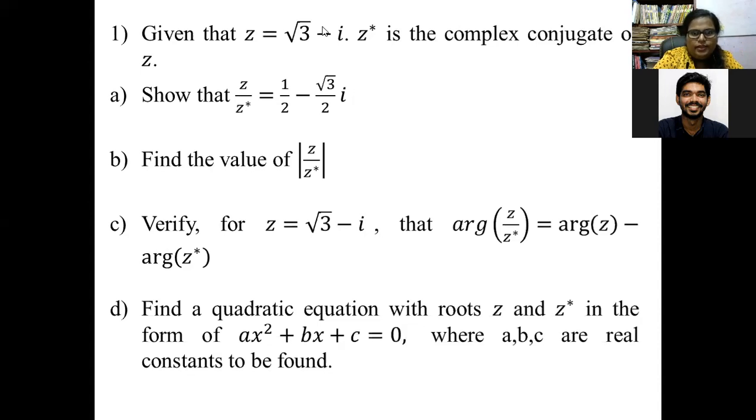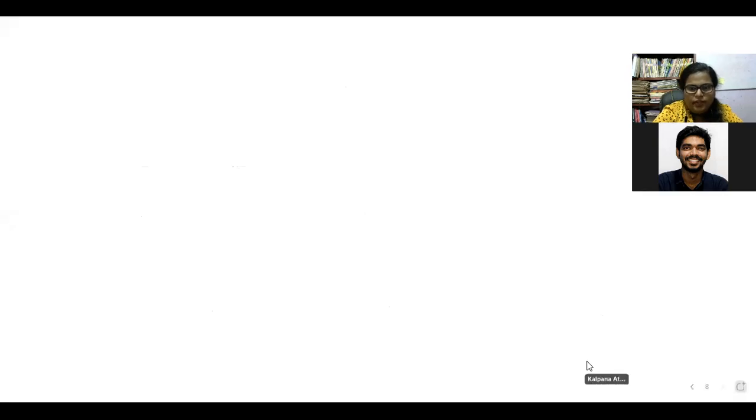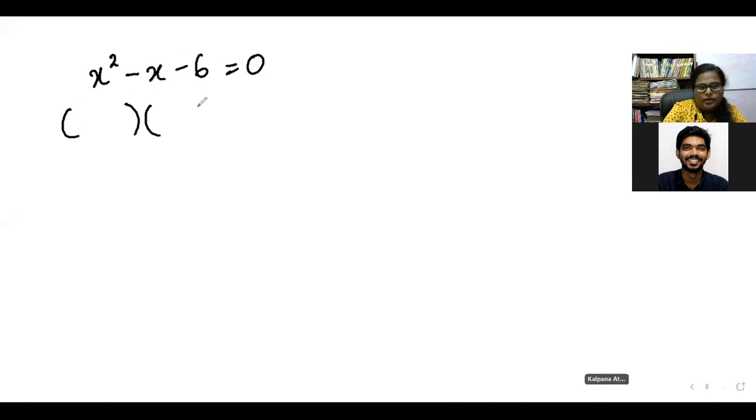Let me explain more about this one on the whiteboard. If you have a quadratic equation like x square minus x minus 6 equals 0, and you require to solve it, one can use the factorization method, the calculator, or the formula. When you factorize this, you can write it as x minus 3 times x plus 2.